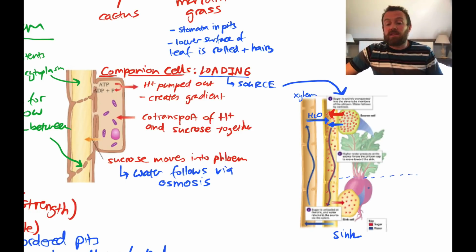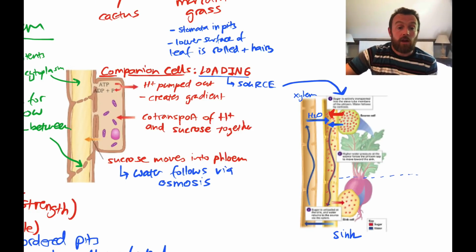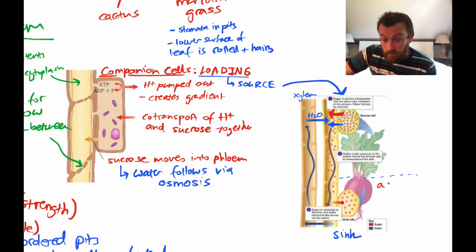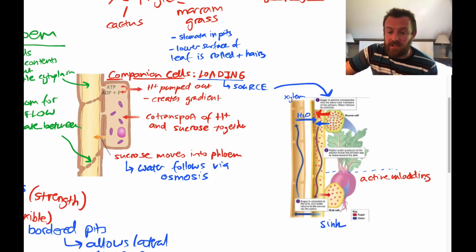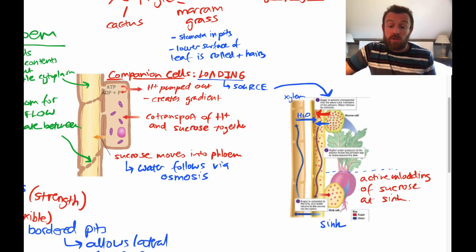Yeah, so in the sink, we have active unloading of the sucrose. You don't need to know the full details of the biological mechanism, but there's active unloading of sucrose at the sink. So what happens there?